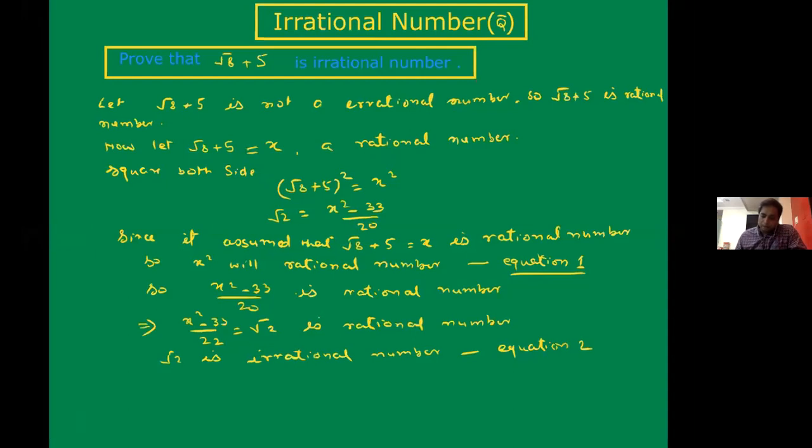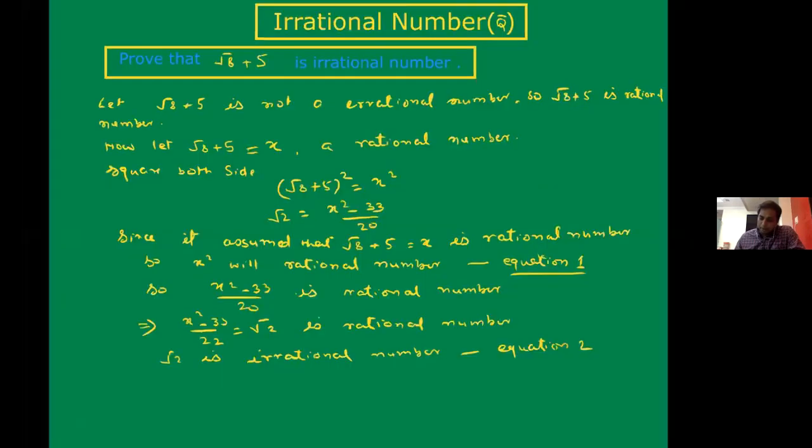So we are assuming root 8 plus 5 is a rational number. The assumption should turn out right in the end of the solution; if it is wrong, that means root 8 plus 5 is an irrational number.